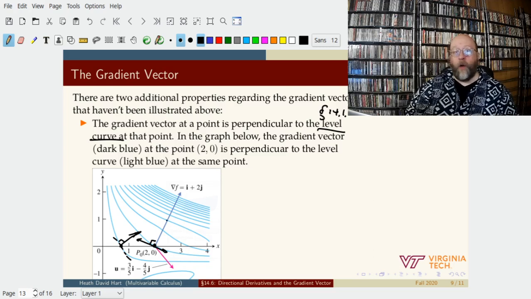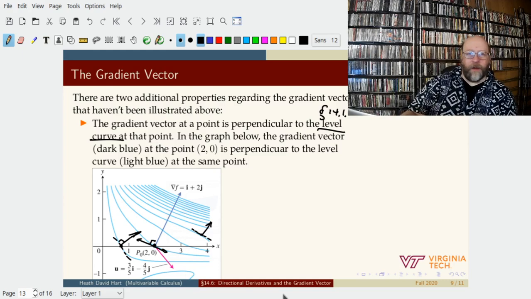I don't know how long it is, but I know the direction of the gradient vector. If I want the gradient vector at this point here, that's a tangent line, so the gradient vector would be moving in that direction. Okay? That's the idea.